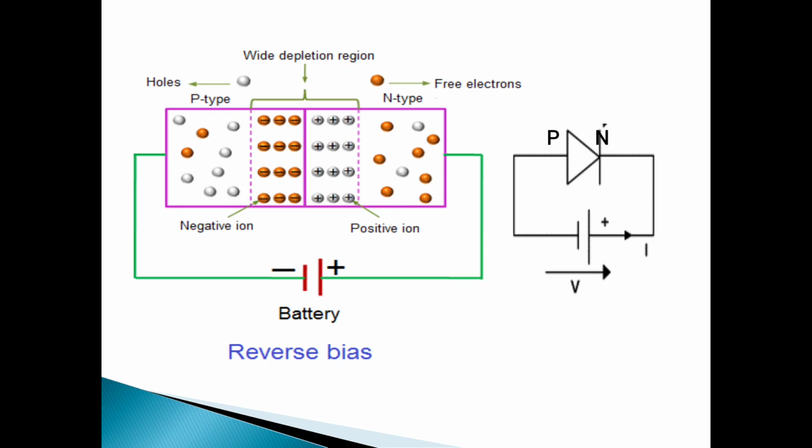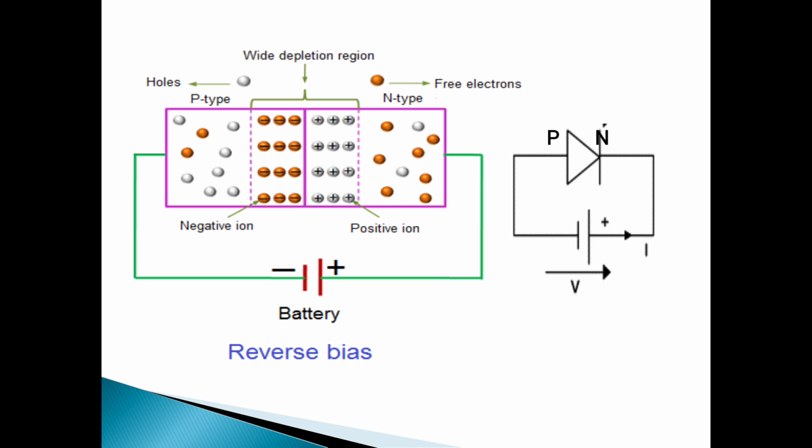Now what happens when a PN junction diode is reverse biased? In this we can see that P is connected to the negative of the battery and N is connected to the positive of the battery. So the majority carrier holes which are present in the P-type semiconductor will be attracted by the negative of the battery and they start moving away from the PN junction.